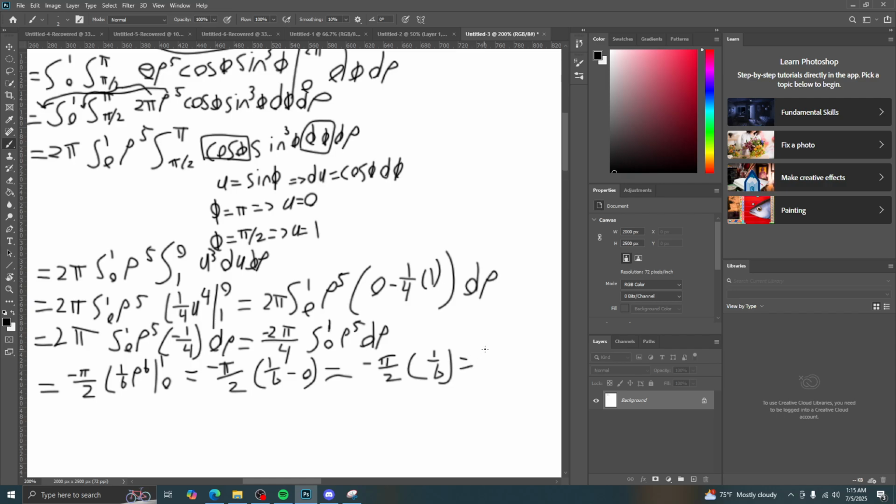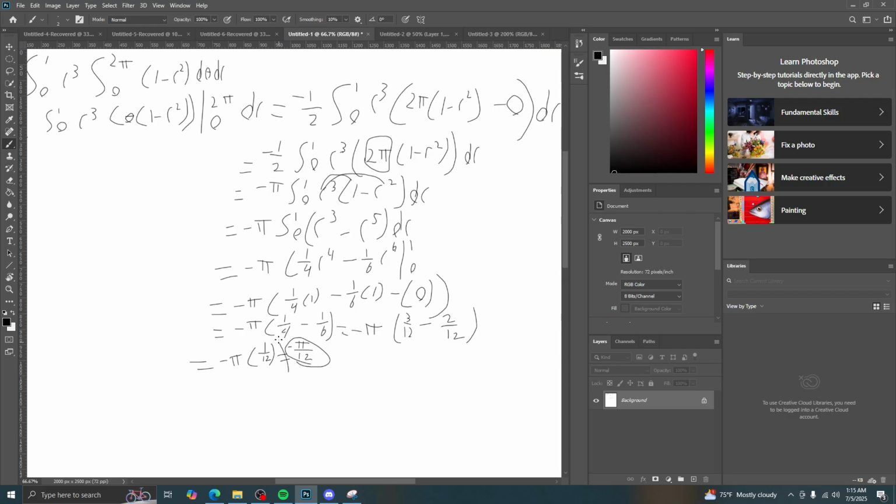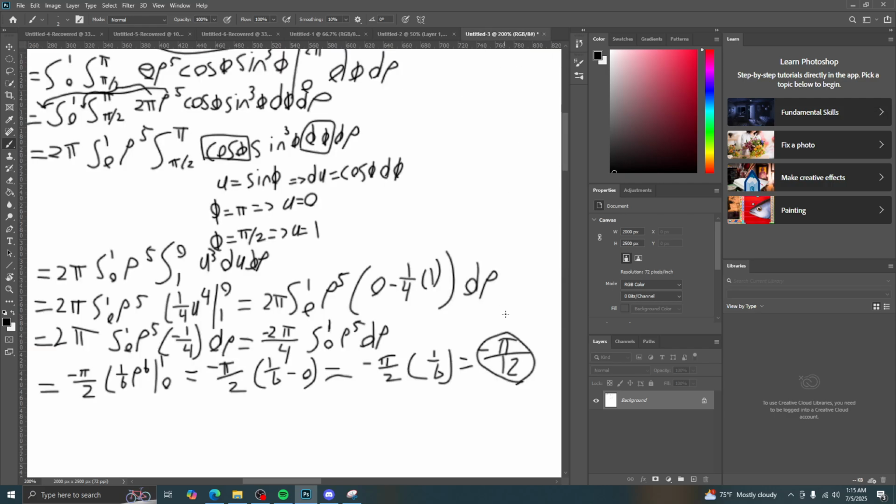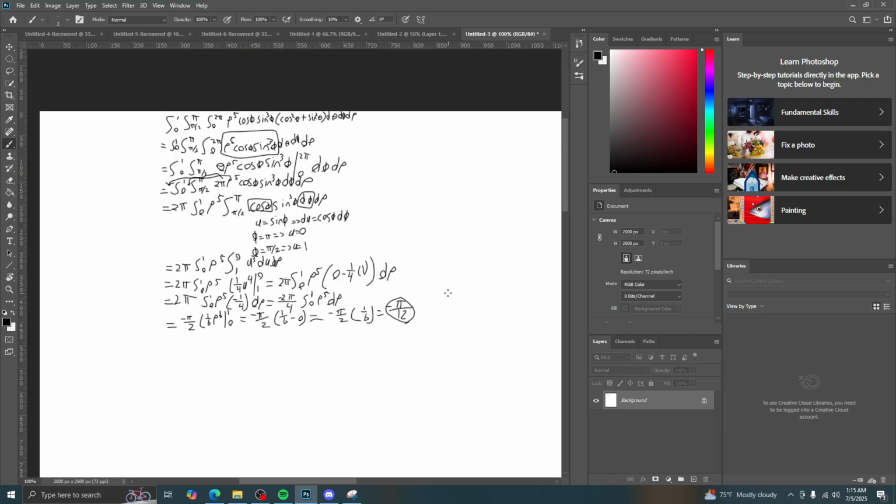And then that's going to be negative pi over 12. And that, if you remember, is the same answer we got for when we did it in cylindrical, which means that we're right. Hooray! Alright, that's how you do it in spherical.